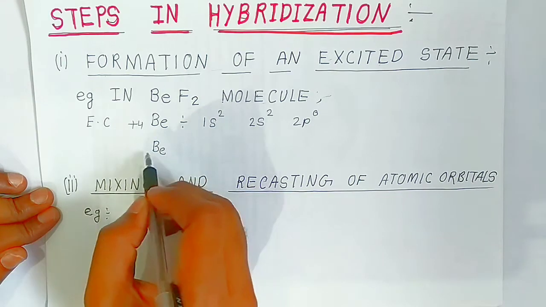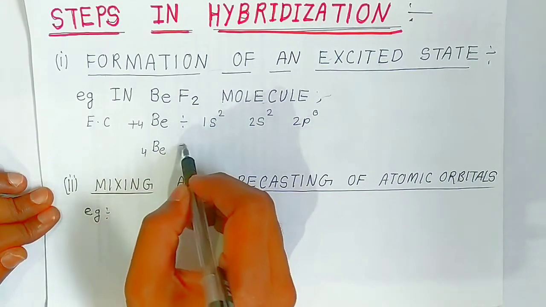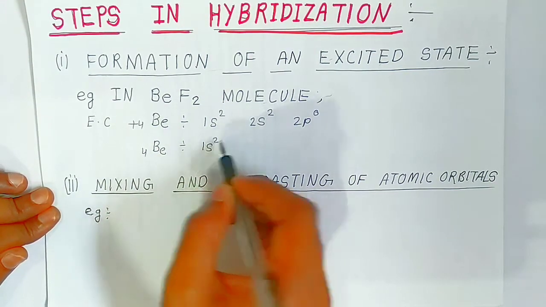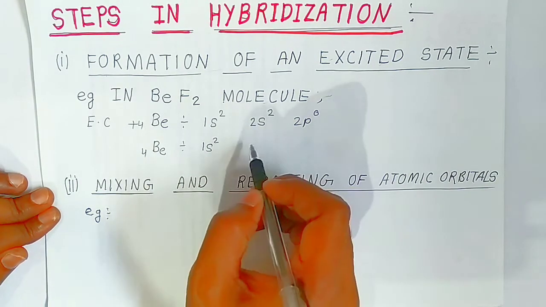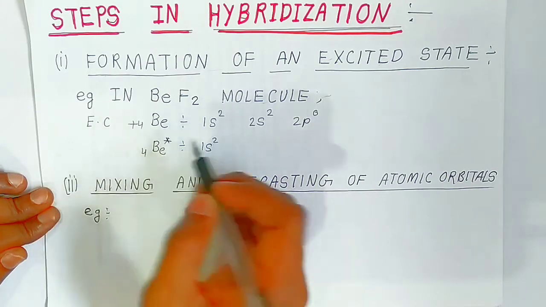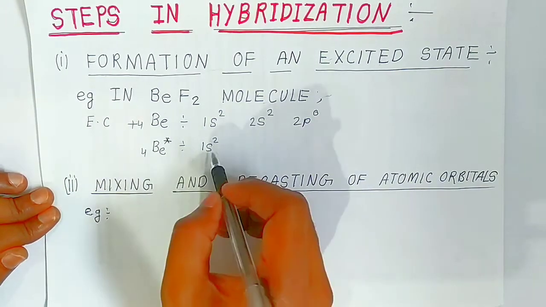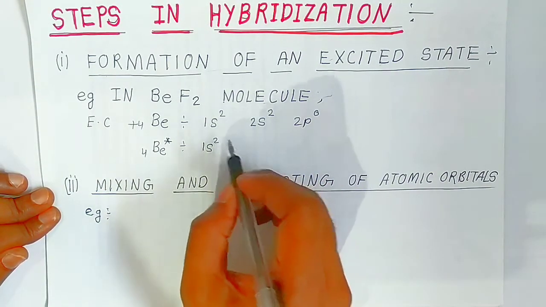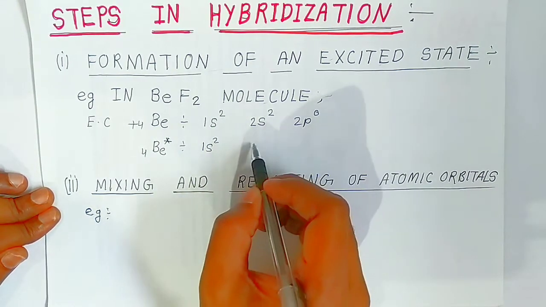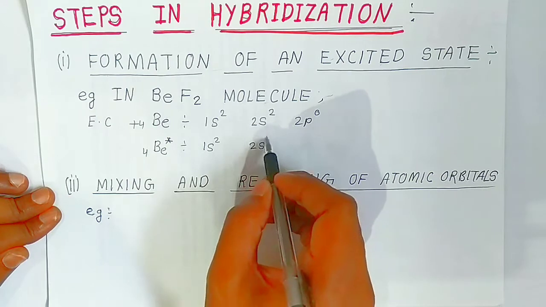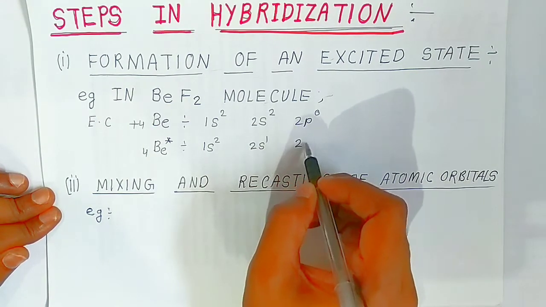Beryllium will go to the excited state. The 1s2 will not be excited, but a 2s electron will migrate to the 2p orbital. In the excited state you can put a star sign on the beryllium atom. Now 2s becomes 2s1 and 2p becomes 2p1.